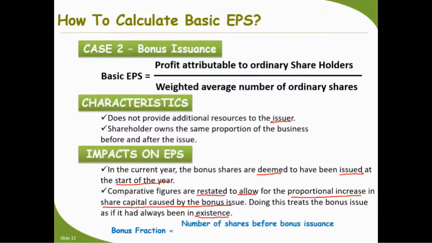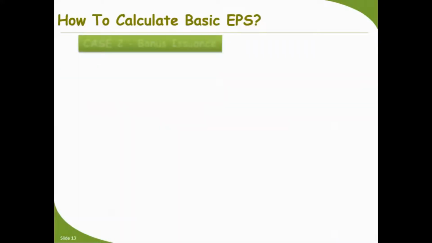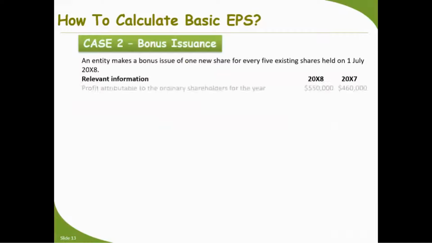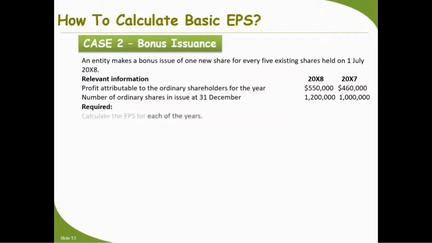Okay. Then this is a very important concept: how to calculate the bonus fraction, the number of shares before bonus issuance and the number of shares after bonus issuance. This is called the bonus fraction. How to calculate basic EPS, case 2, bonus issuance. An entity makes a bonus issuance of one new share for every 5 existing shares held on 1st January 20x8.